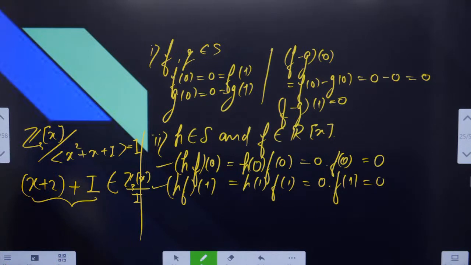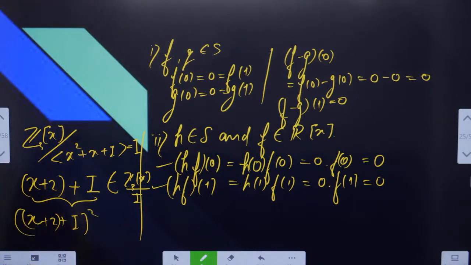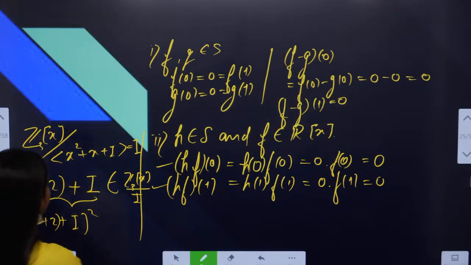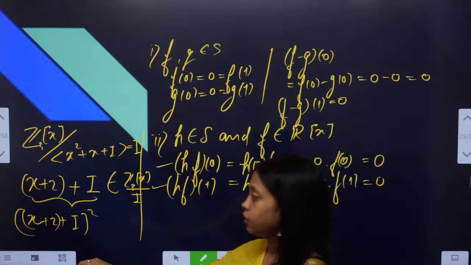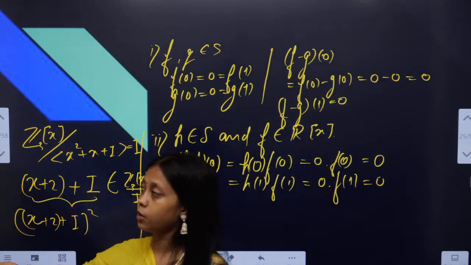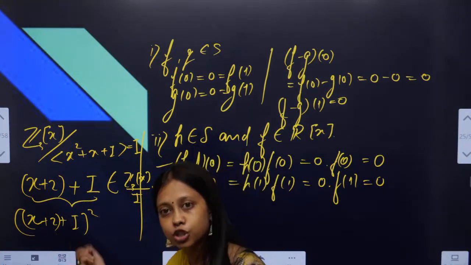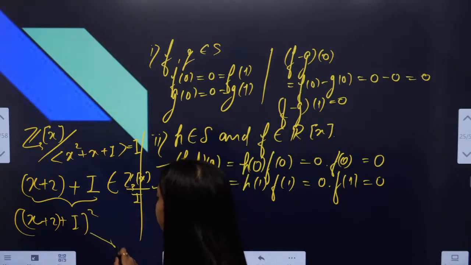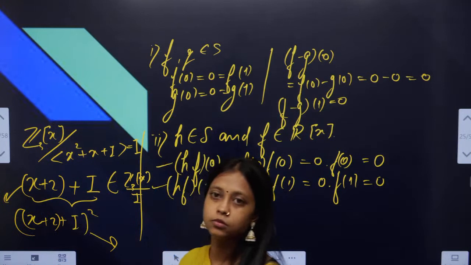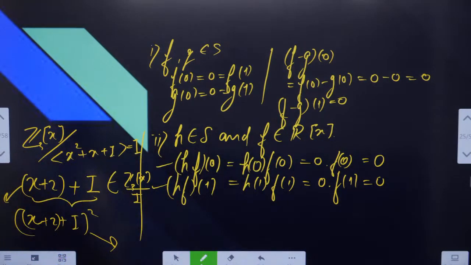But if you take the square, it becomes x square plus 4 plus 4x. We are in Z3, so it becomes x square plus x plus 1 plus I. So, this is nothing but 0, the identity part, but x plus 2 is not 0, so this is not an integral domain. One example would be enough.